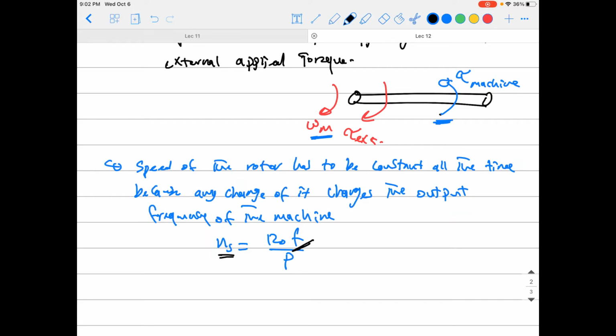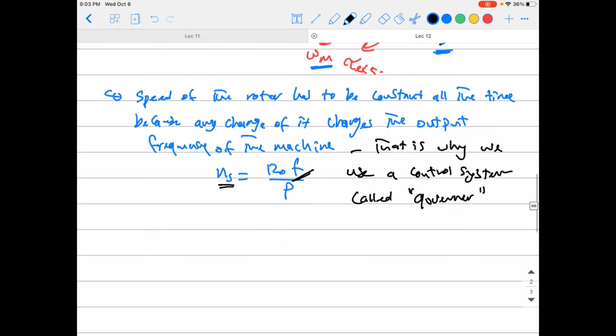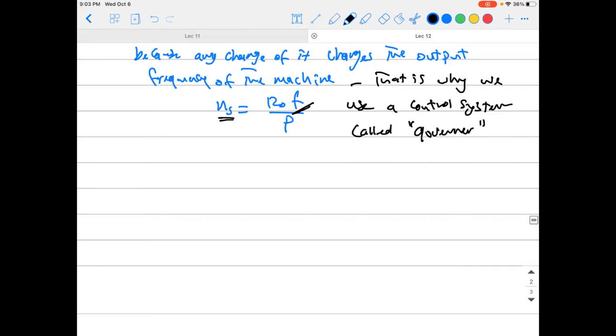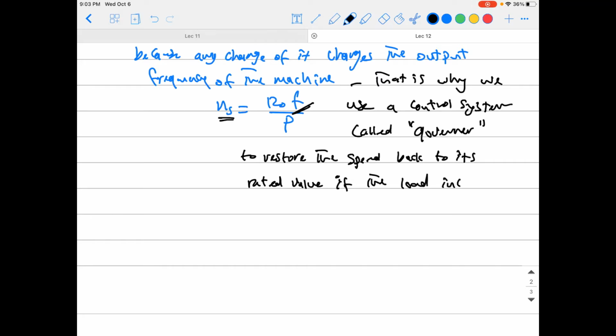this happen. Okay, that's why we use a control system called the governor, and that's a very famous thing used with all the generators of the public grid to restore the speed back to its rated value or design value if the load increases.